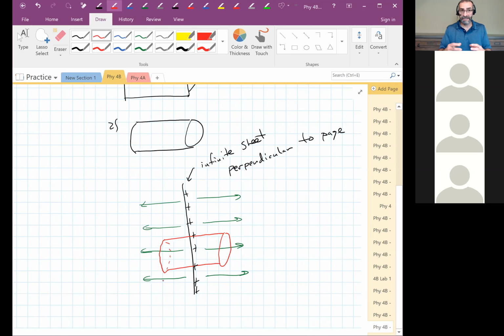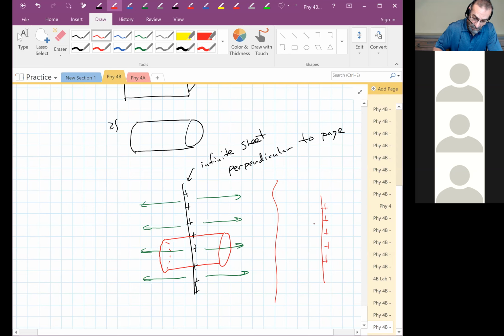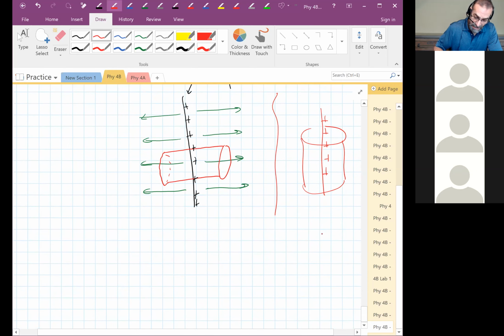to match the geometry of the situation, to match the symmetry of the charge distribution. So your surfaces are parallel or perpendicular. If we oriented it the other way, let's look at the end view.